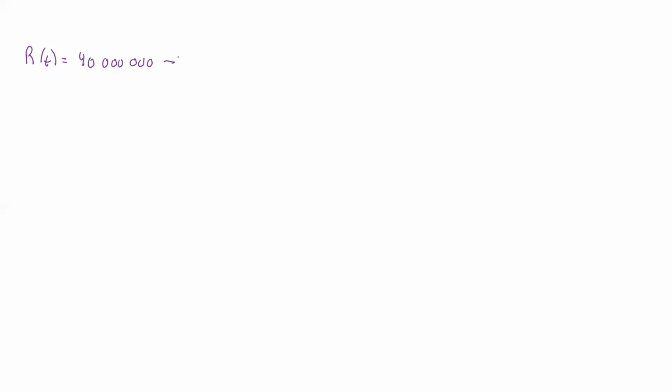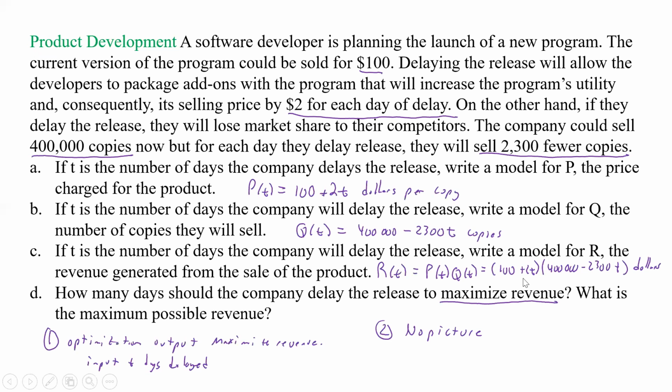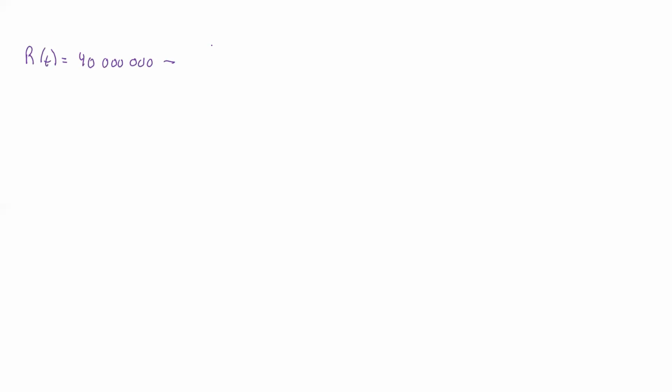And then we're going to subtract, and then we have 100 times 2,300 and 400,000 times 2, so that's going to be minus 230,000 plus 800,000t. And then we had 2t times minus 2,300t, so that's going to be a minus 4,600t squared.